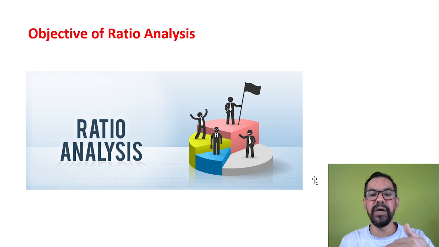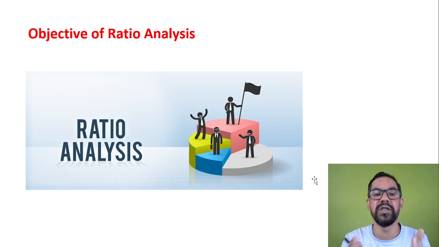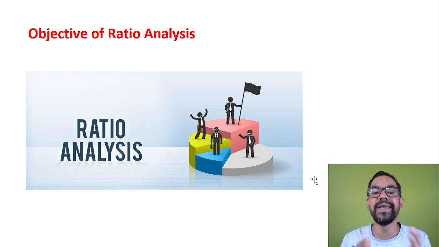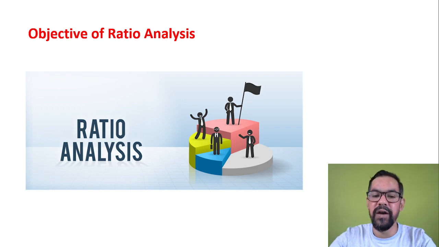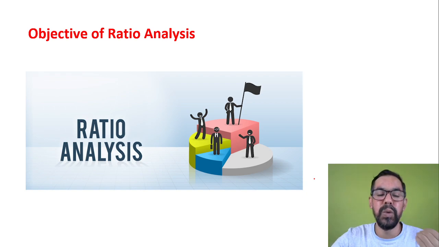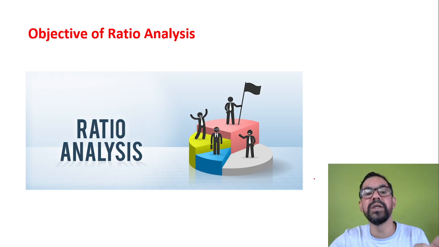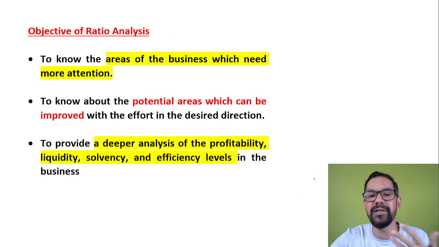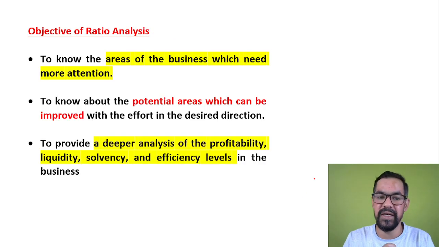Being a businessman or the owner of a company, you can also do cross functional analysis, find the key potentials of that business so we can focus on those areas, and identify the key challenges we are facing in the overall operation of the business, in revenue generation, in the day-to-day functioning of the organization, or in dealing with short-term as well as long-term debt. These are some key objectives of ratio analysis.